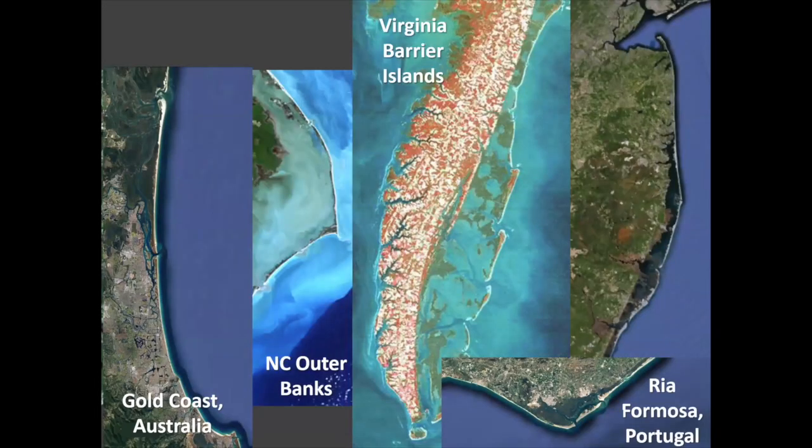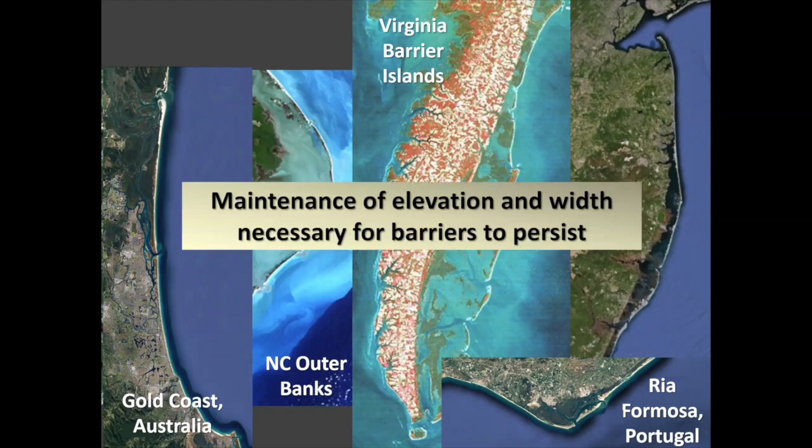So the processes that I've been talking about take place on barrier islands around the world, and they have taken place for the last several thousand years because, as I mentioned, sea level has been rising over this time. And as rates of sea level rise increase in the future, we can expect these processes that generate overwash, and shoreline erosion resulting from overwash and island migration, to become even more dominant.